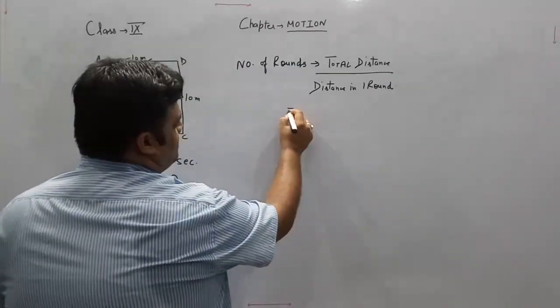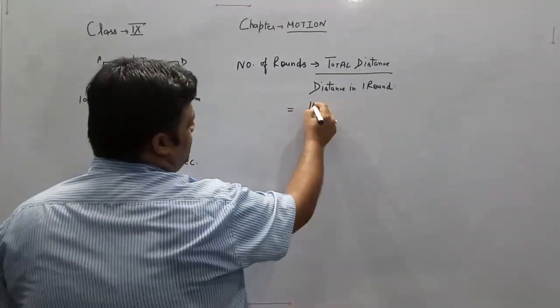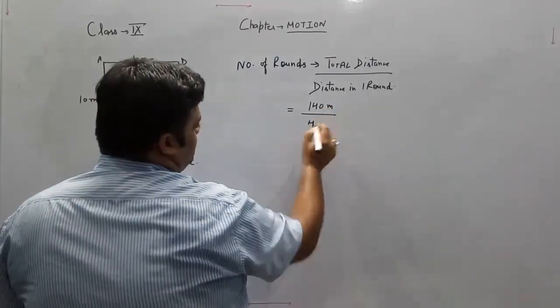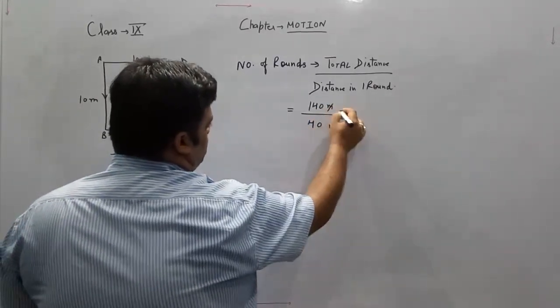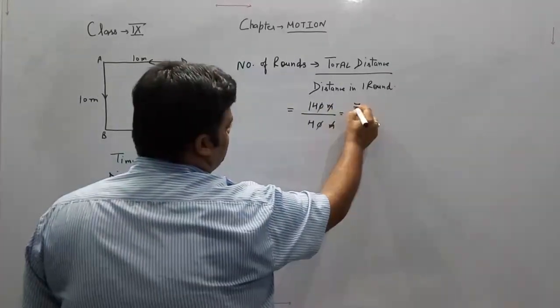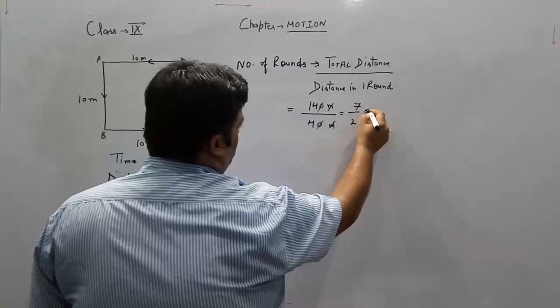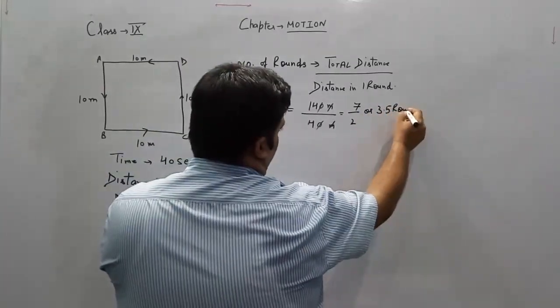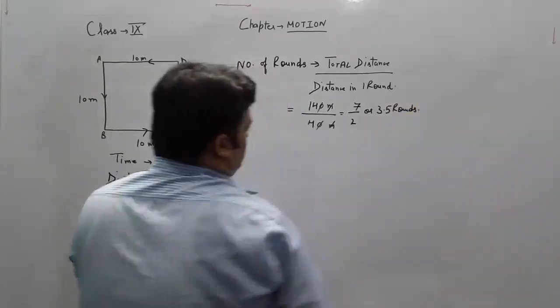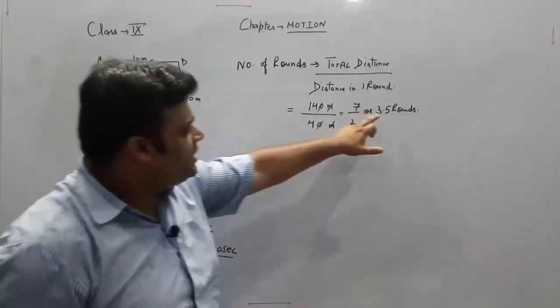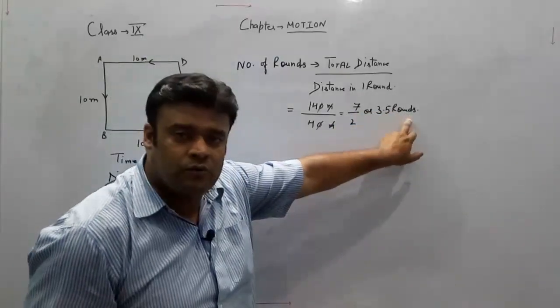That is, total distance covered by that person is 140 meters and distance in one round is 40 meters. So number of rounds will be 0 and 0 gets cancelled, 7 upon 2, or we can say 3.5 rounds. So after 140 seconds that person is covering 3.5 rounds.